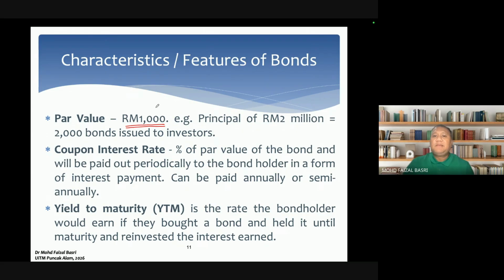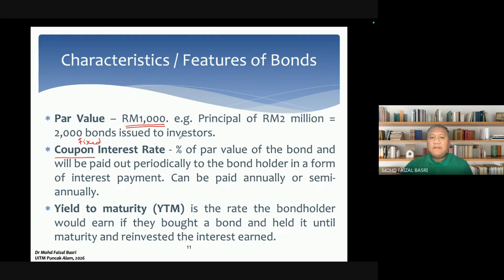So that's the main purpose number one, which is to be the amount repaid at maturity. And second, this par value will be used as a benchmark to calculate the interest. The interest is called the coupon, and this coupon will be paid to the holder. This coupon is fixed, so the rate is fixed.